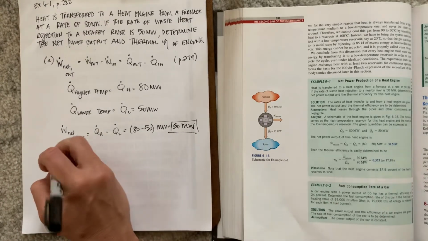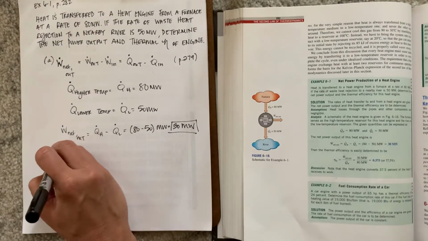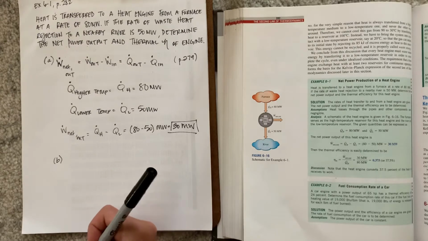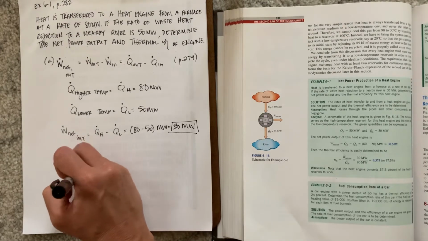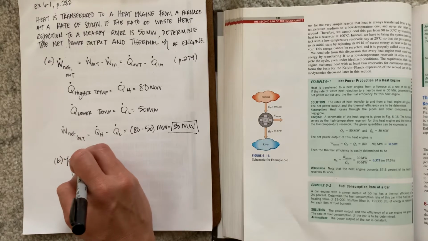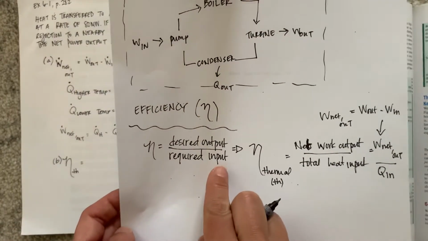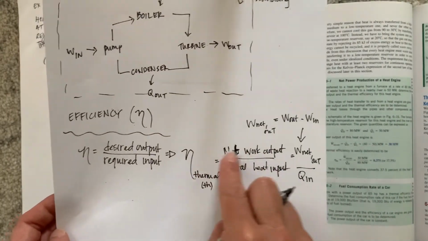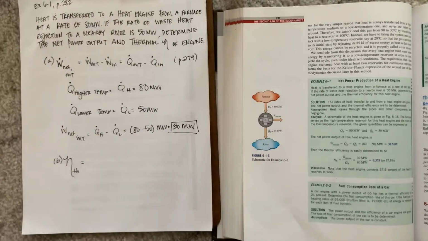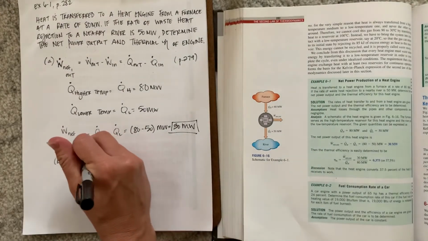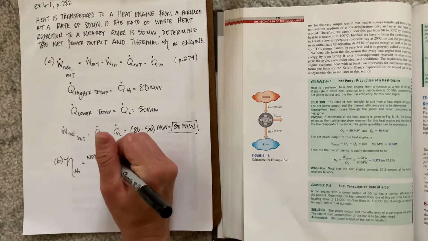For letter B, we're going to be looking for the thermal efficiency, which we discussed in the first part of the chapter as being desired output over required input, or net work out over total heat in.